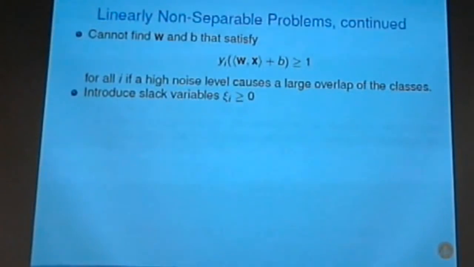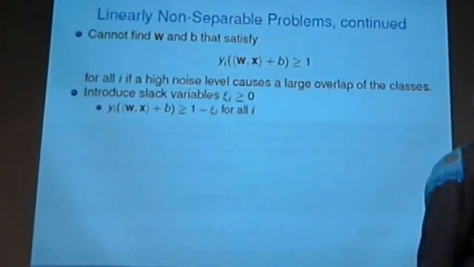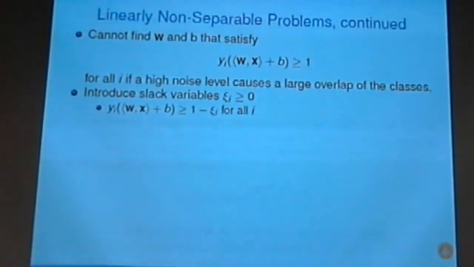I have to check. This is called slack variables. Adding these quantities allows you, instead of having this greater than or equal to 1, to allow it to be greater than or equal to 1 minus this quantity.